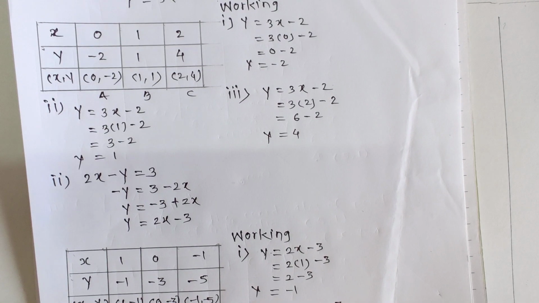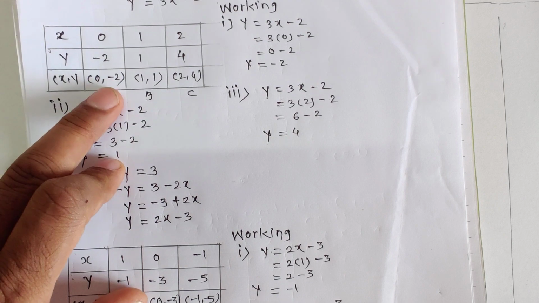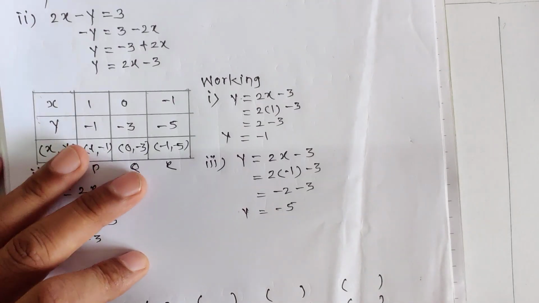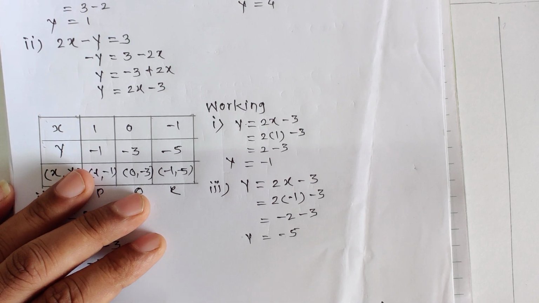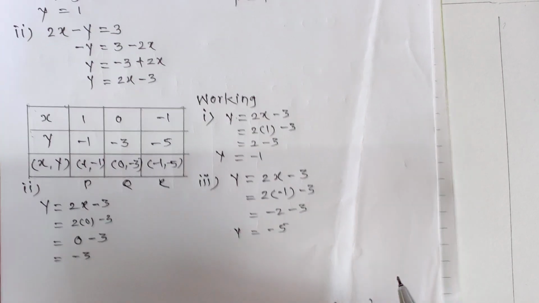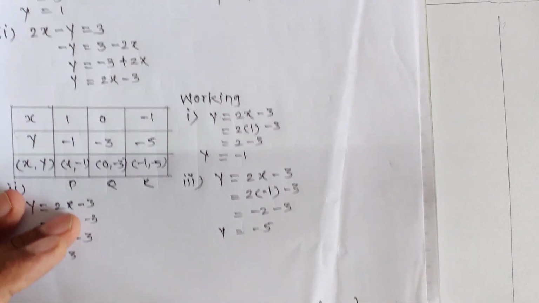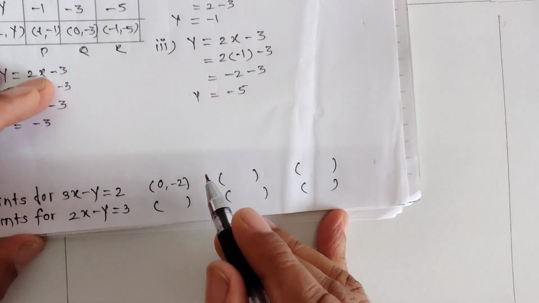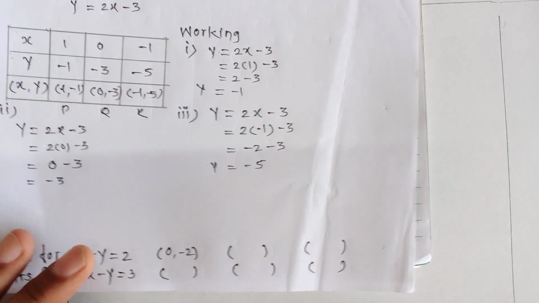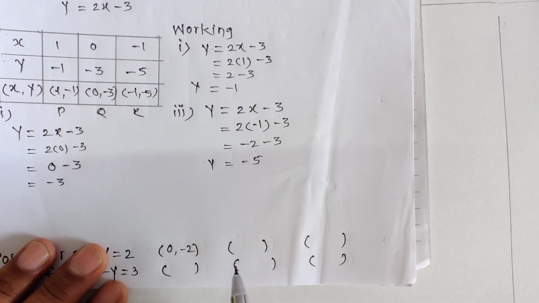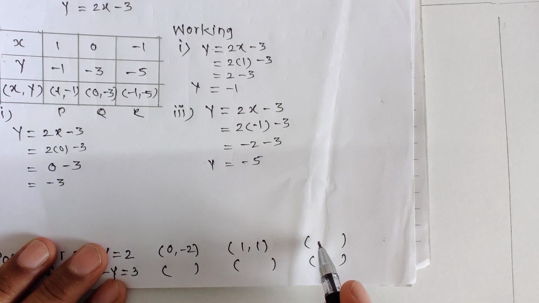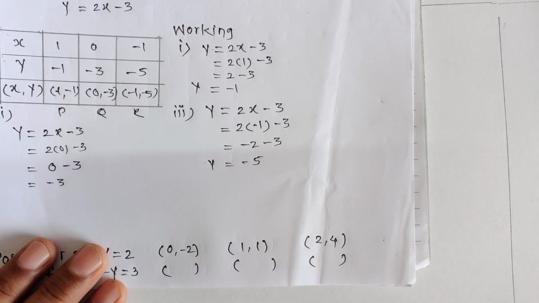For the first equation these are 0, -2, then 1, 1 and the third one is 2, 4.